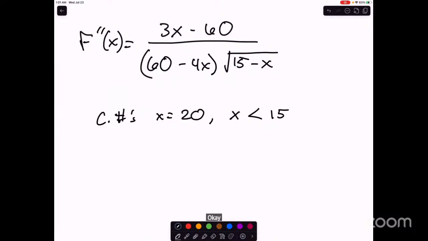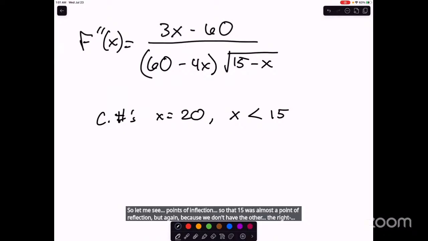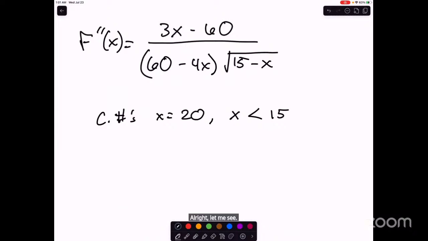Okay. So let me see. Points of inflection. That 15 was almost a point of inflection, but again, because we don't have the right hand side to compare it to, we just know that that's a cutoff.